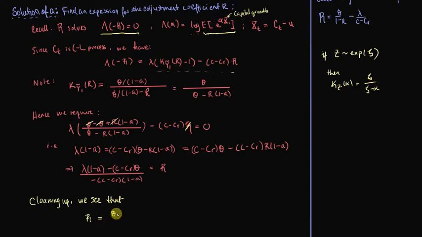So what we have is that r is equal to theta minus lambda divided by c minus cr, multiplied by 1 minus a, divided by 1 minus a. And what we have arrived at now is actually the same expression that we got from the Schmidli example. That's nice and all, but what we actually want is to get rid of the c minus cr and instead substitute it with an expression of a.